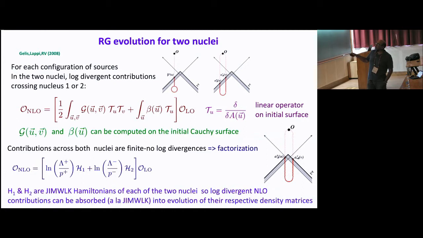At leading order, it's just a product of classical fields that I compute here for the average multiplicity. The multiplicity at next to leading order can be written in terms of a propagator, which I define on some initial surface here, which is before the collision. So suppose a collision happens here. I'm defining some initial surface before the collision.